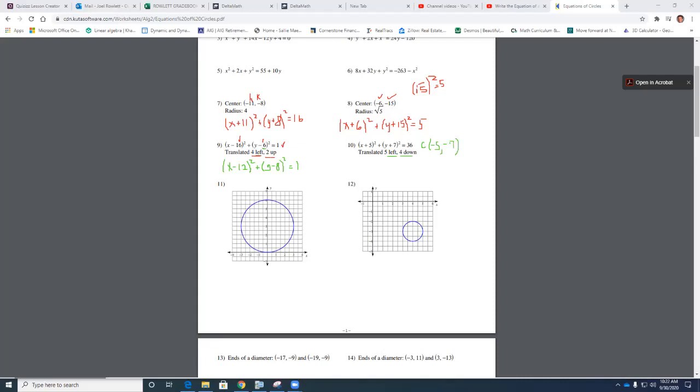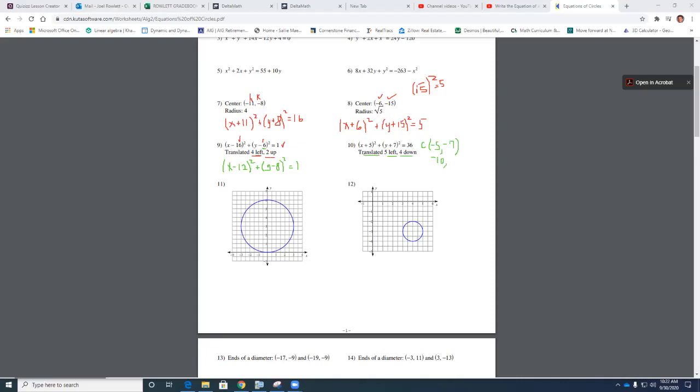But we're going to move this, right? We're going to translate this thing. We're going to go 5 to the left. Well, if you go 5 to the left, then your x value has to get smaller, right? So you're going to go to negative 10 because you went 5 to the left. And then you have to go 4 down. Well, if you move the circle down, that changes the y value.